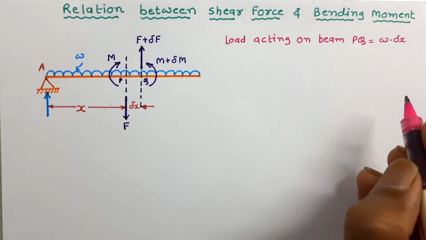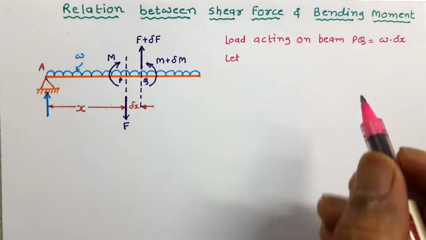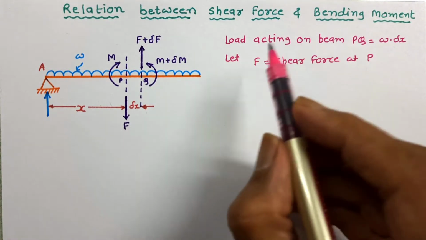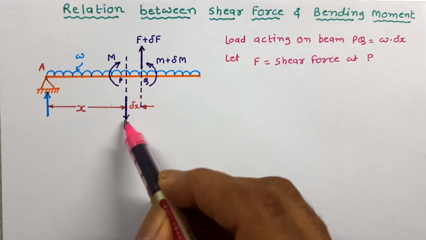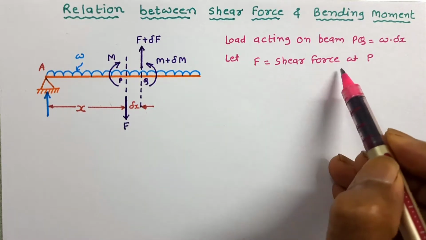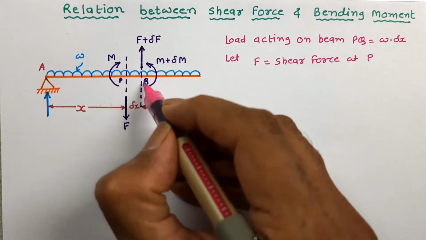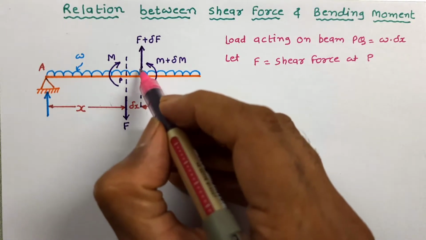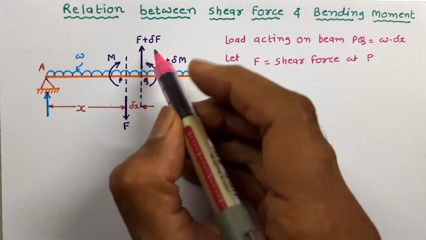Now let us work out the shear force at point P. At this point P, let F be the shear force. So we can write F is equal to shear force at point P. In the figure we can see at point Q, the shear force is F plus del F. So we'll write the same.